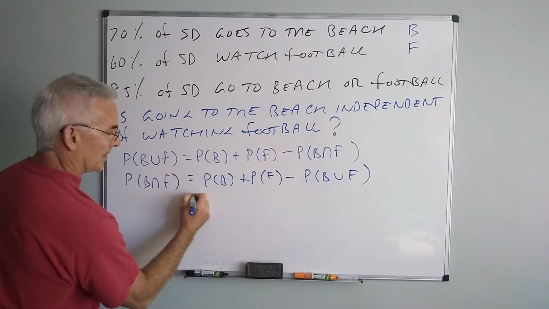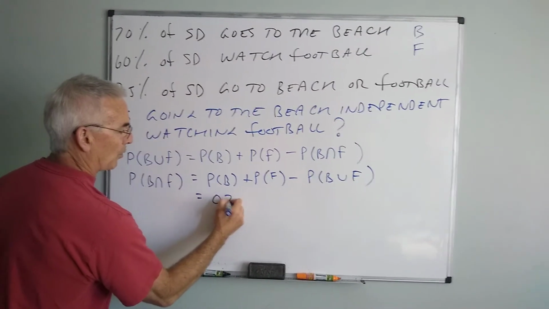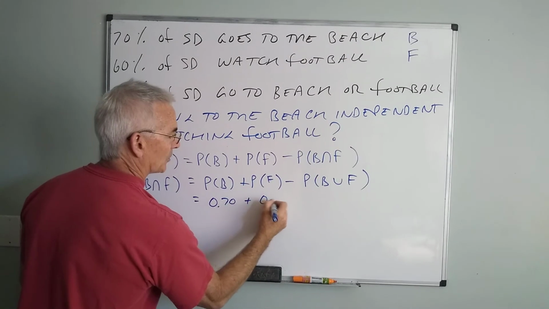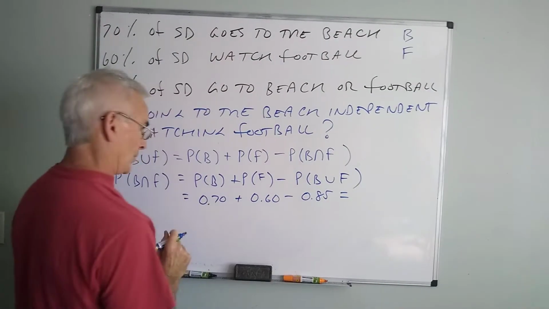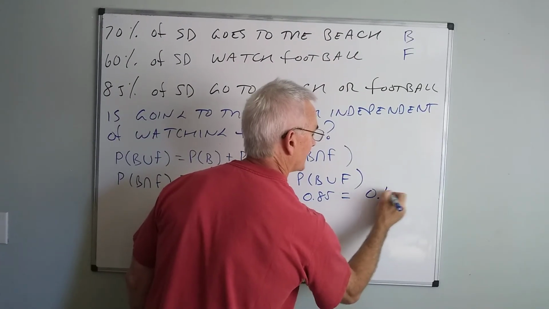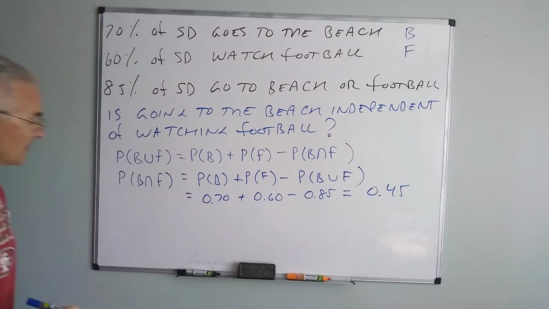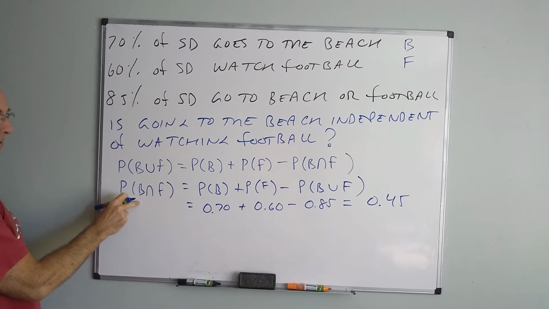So if I plug in the numbers, this would be 0.7 plus 0.6 minus 0.85, which would be 0.45. The probability of the intersection is 0.45.